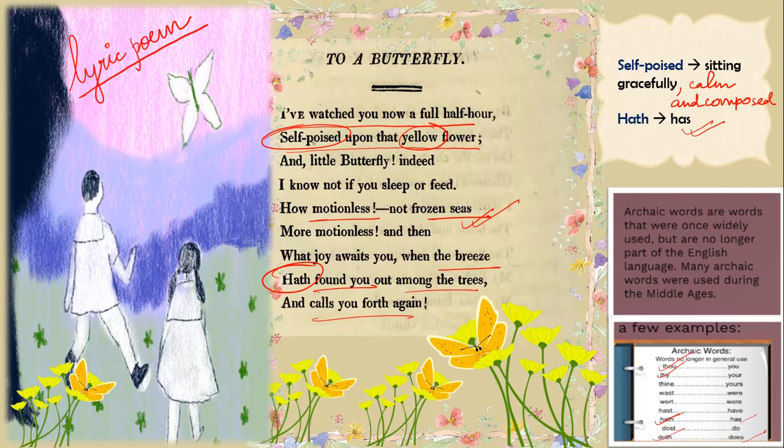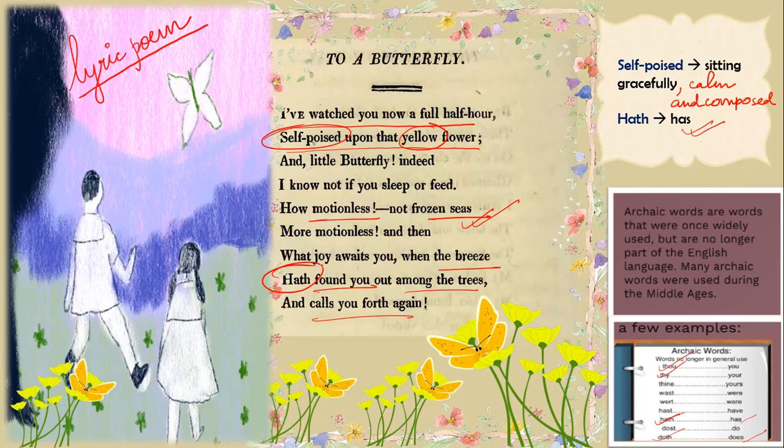You can most of the time find them in poems and classic novels or stories, but these words were used mostly in the Middle Ages and are not used anymore. So here hath means has.